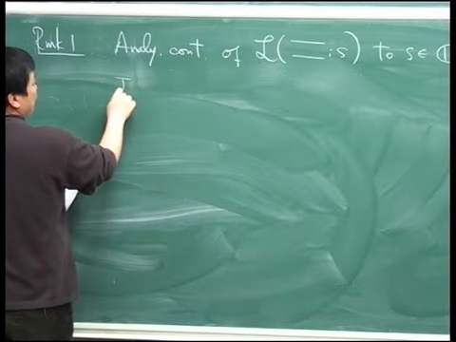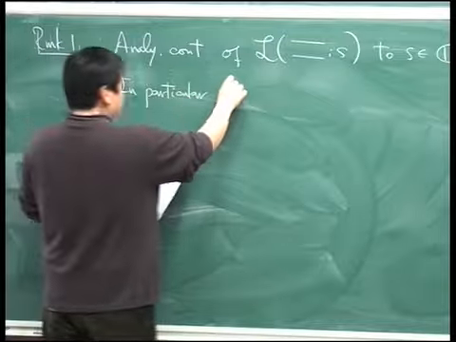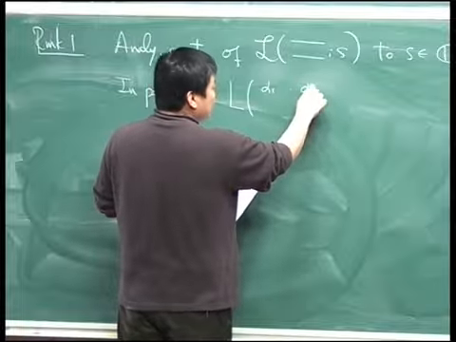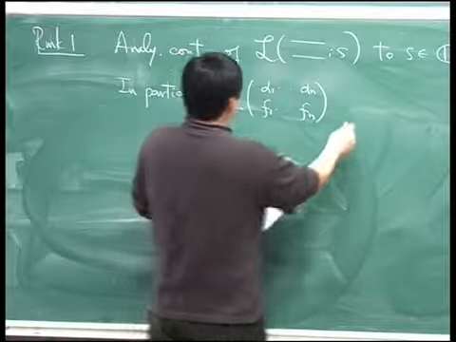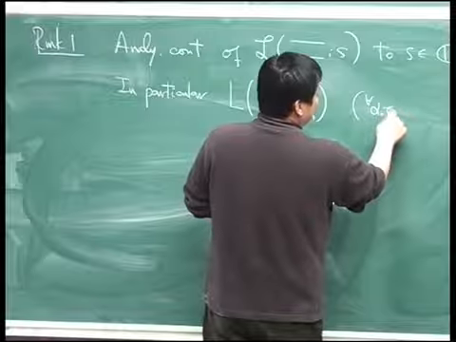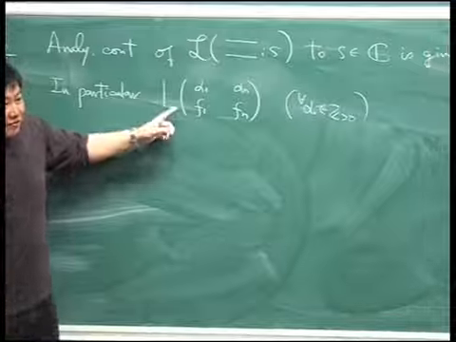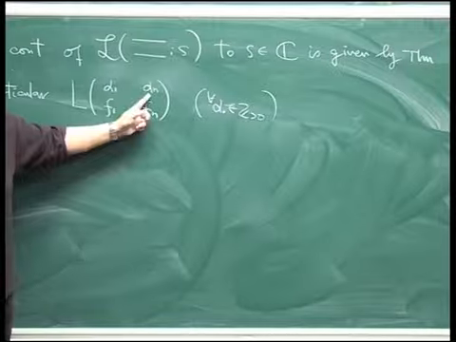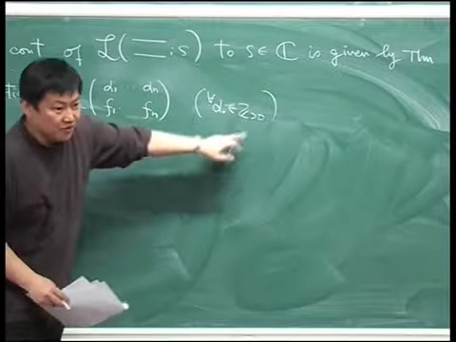So in particular, the L values here for all... from the definition, each variable should be large enough for convergence, but after analytic continuation, this makes sense for arbitrary positive integer k.